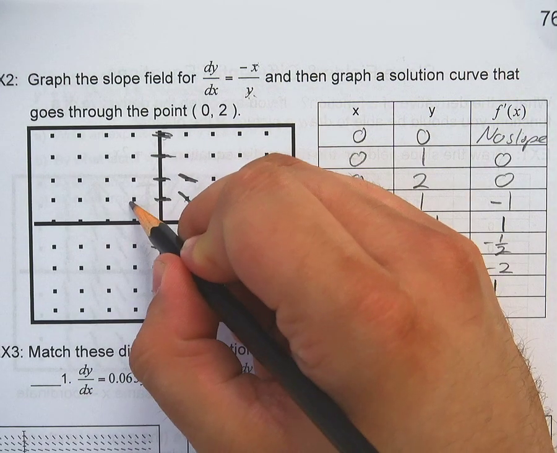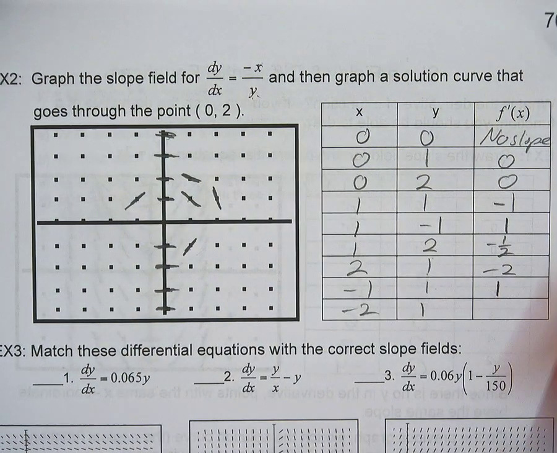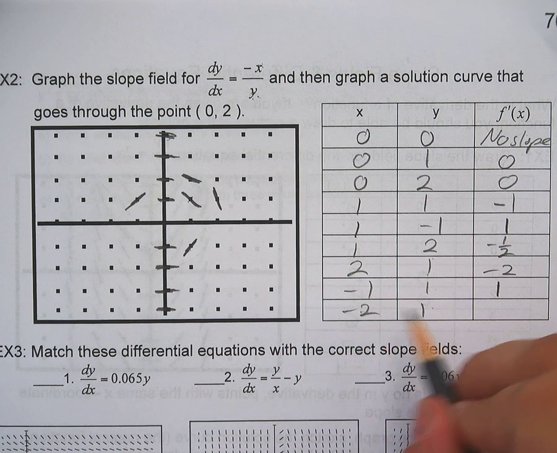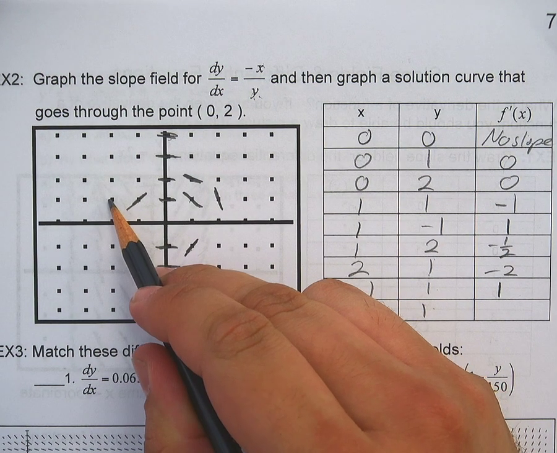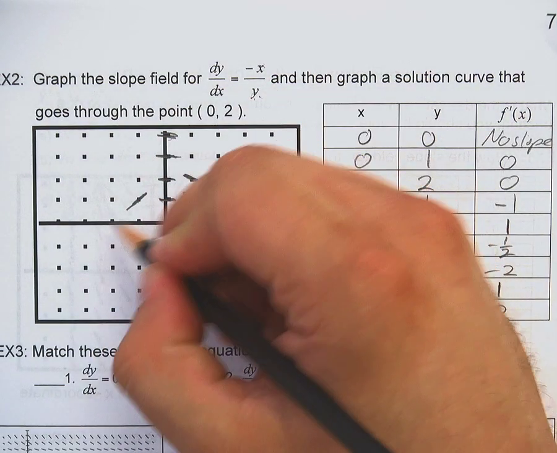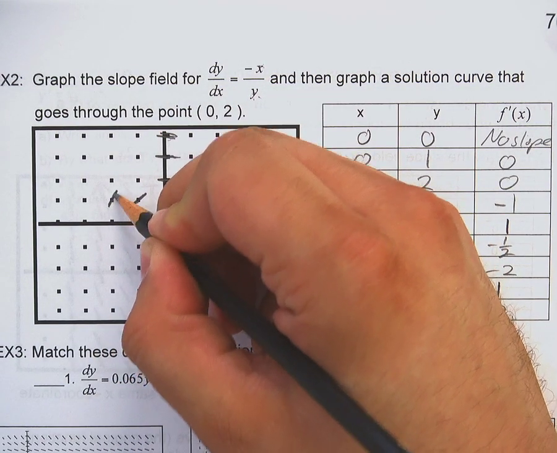And this is completely at random, right? It's completely at random. And then -2, 1. You plug in a -2 up here, you get +2.